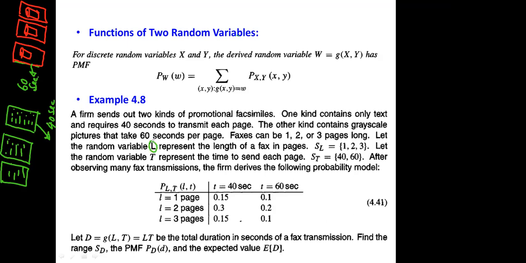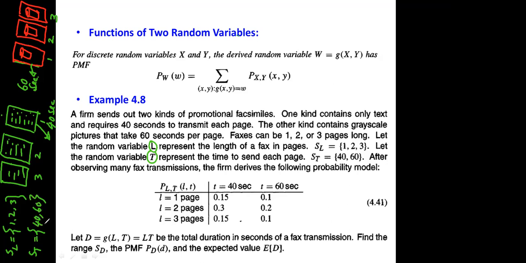One is L, another one is T. L is the length, T is the time. The length can be 1, 2, 3, and the time can be either 40 seconds or 60 seconds.